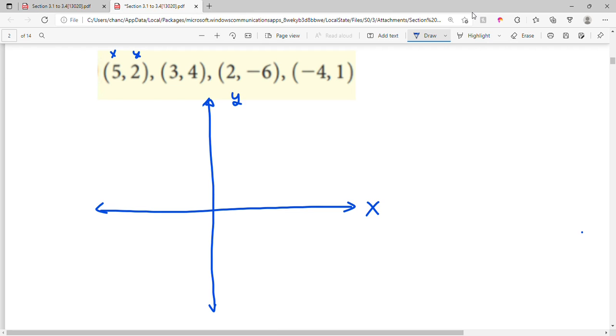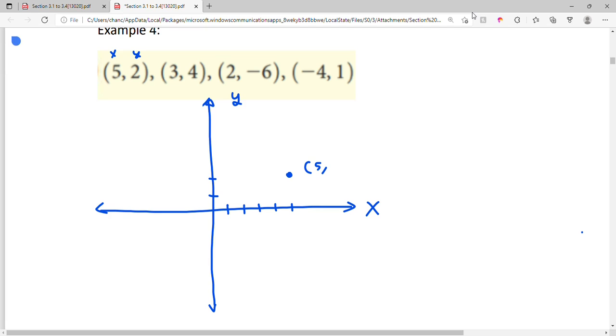The 5 is positive, so that means we're going to go to the right 5. 1, 2, 3, 4, 5. The 2 is positive, and that means we're going to go up 2 from that point. So we have 5 to the right, up 2, and that's our first point, (5, 2).